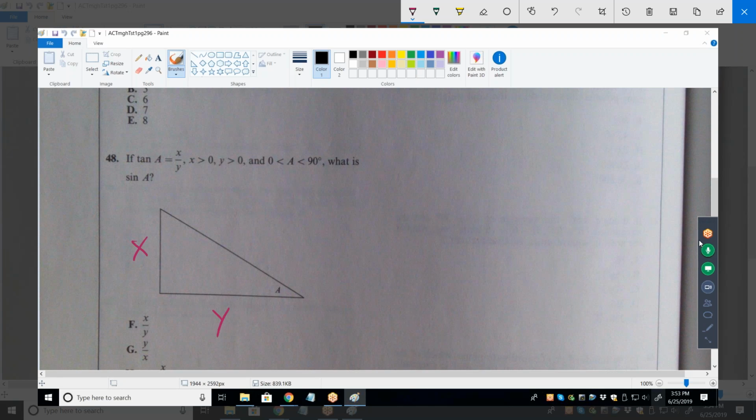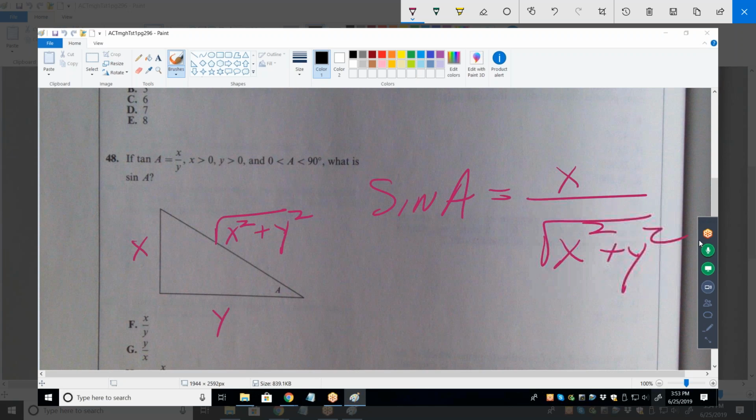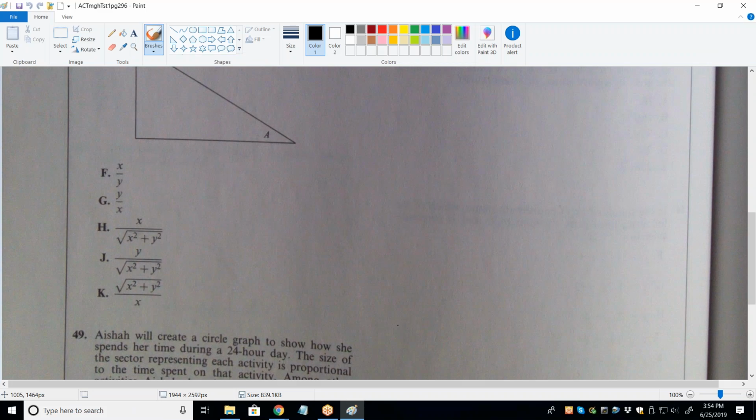So x squared plus y squared, the square root of x squared plus y squared. And now what's the sine of A? So the sine of A is going to be x over the square root of x squared plus y squared. Which is h. Okay.